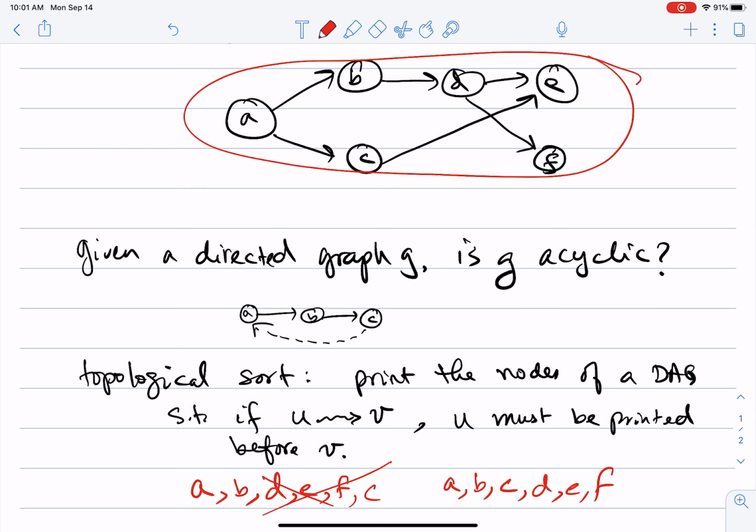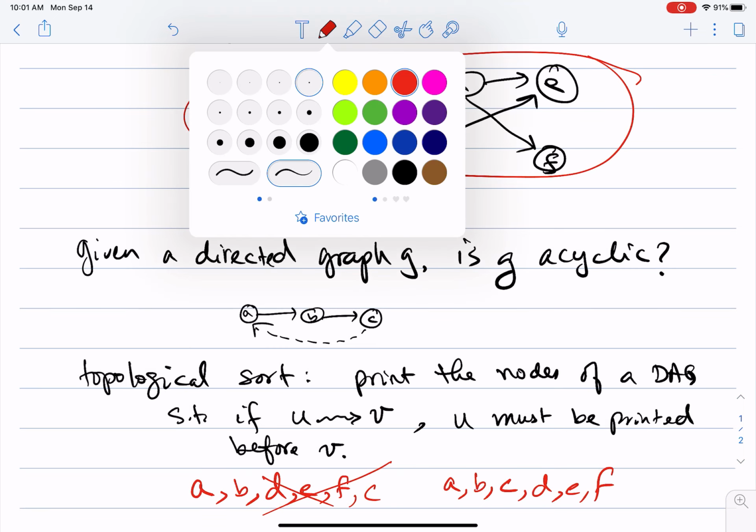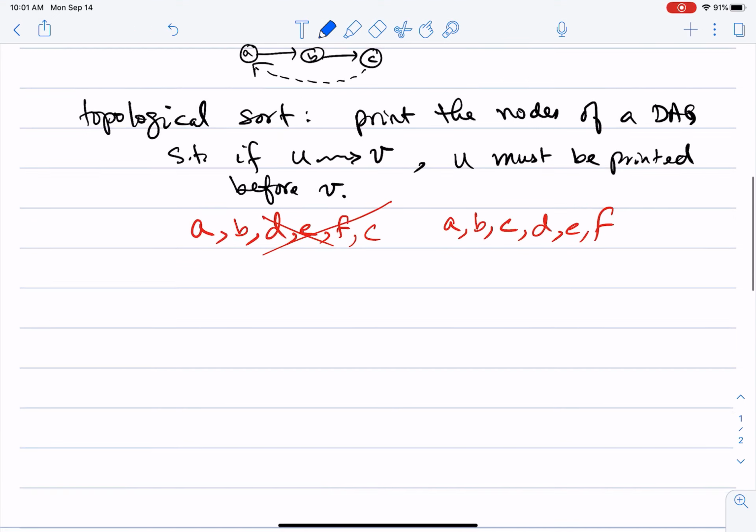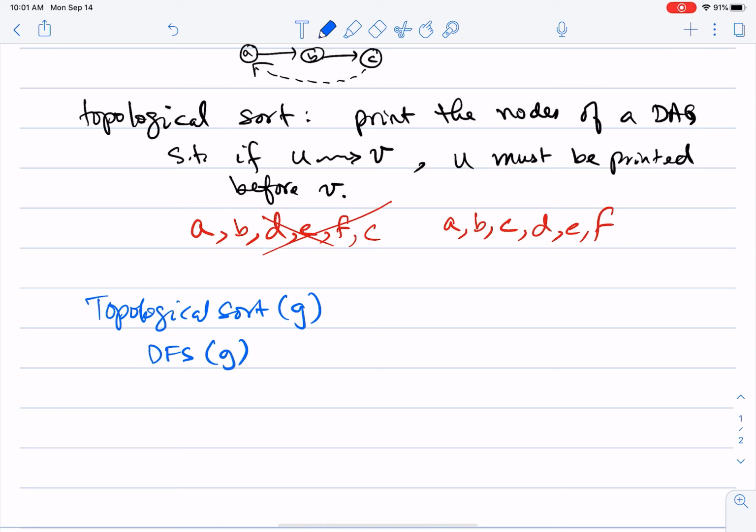So if you think about this, again, this is another case where DFS readily gives us an algorithm for topological sort. If we want to do topological sort of graph G, we need to do DFS on G. And remember that DFS is going to compute the discovery time and the finish time.